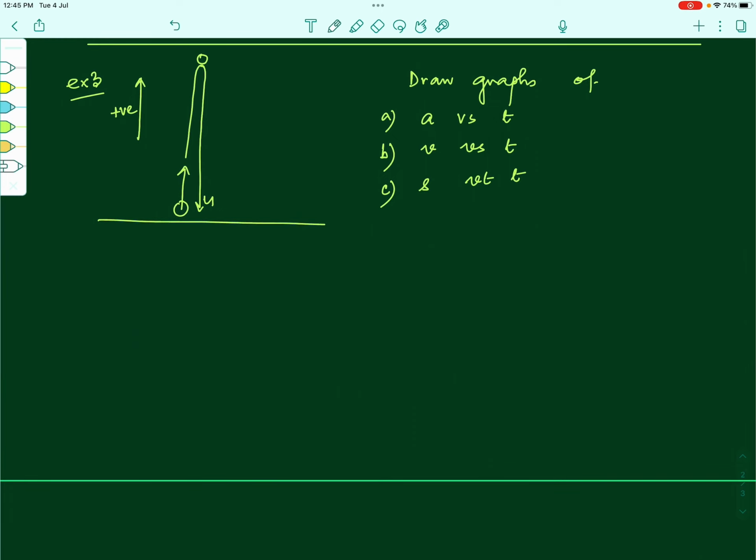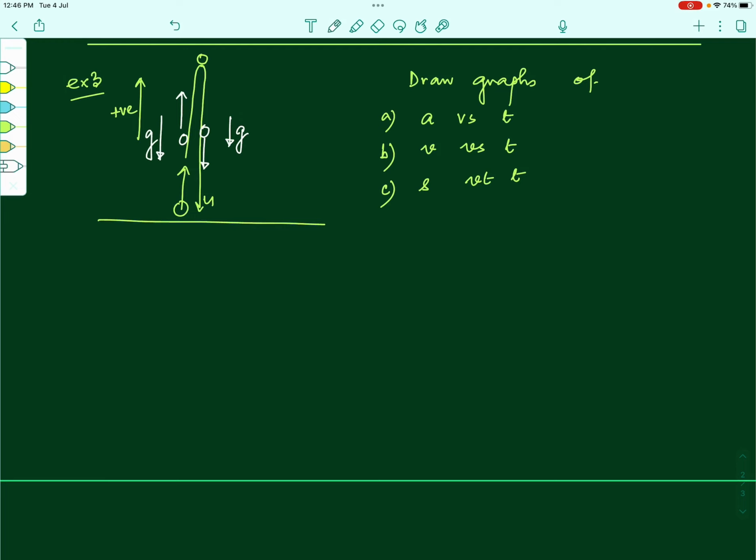Understand that as the ball is going up, at any point in time, the acceleration acting on it will be g downward. And when it is coming down, in the downward motion, also the acceleration acting on it is g only in the downward direction. So, do we understand that the acceleration of the ball throughout its motion is g downward?